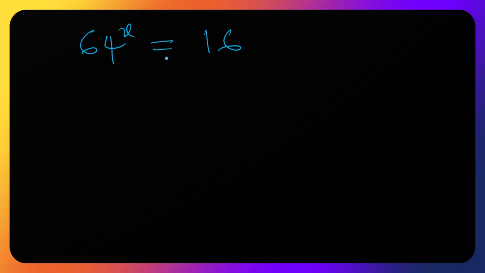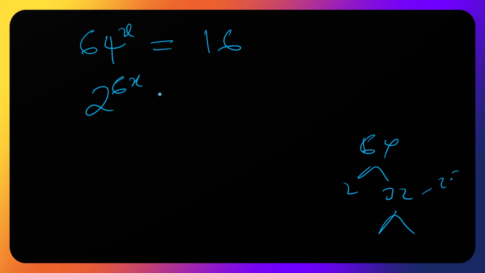If you want to use 2, 64 will be 2 to the power of 6, and we have x there ready to multiply, and this side, 16, will be 2 to the power of 4.